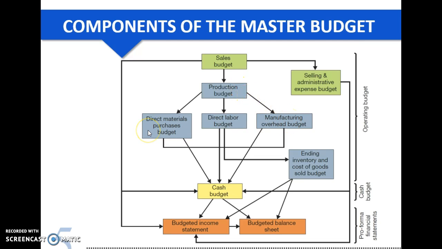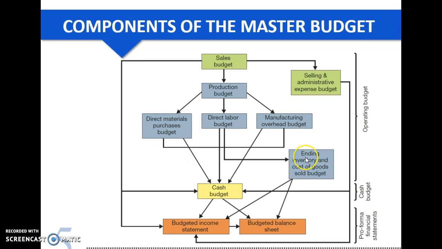So one is the materials purchase budget and the other is the manufacturing overhead budget. You know that these are the components of manufacturing expenses, as you have learned in the previous topics. And a direct labor budget is also prepared based on the production budget.